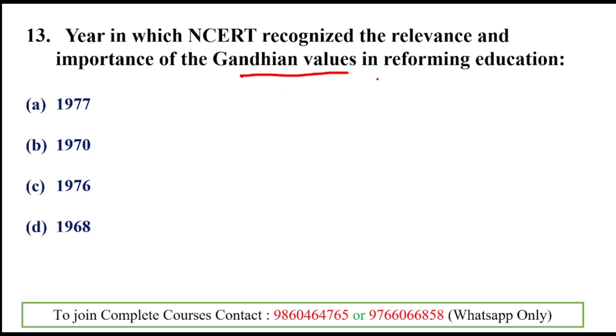So in reforming education, it is recognized by NCERT in the year 1976. So in 1970, NCERT recognized the religious and moral values among students, and in 1976, the significance of Gandhian values was recognized by NCERT, and it is a seminar paper also. Clear?